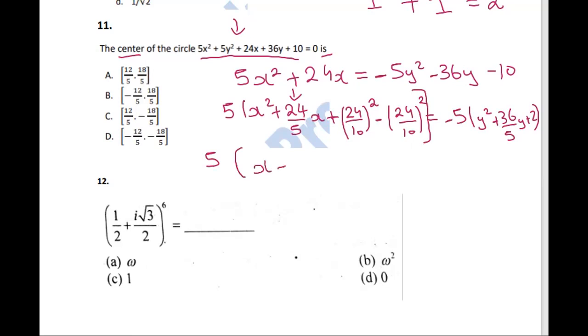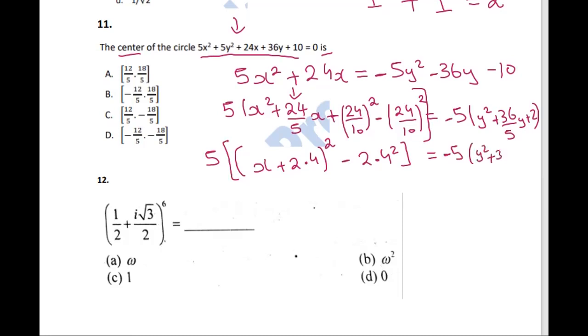So this is 5 times x plus 2.4 whole square minus 2.4 square, and we have minus 5 times y square plus 36 by 5 y plus, again I need to add and subtract b square.